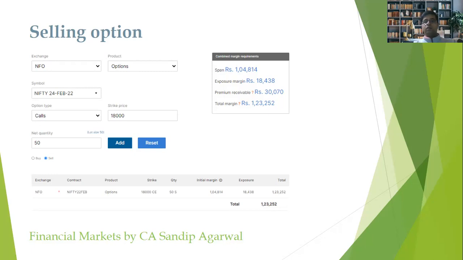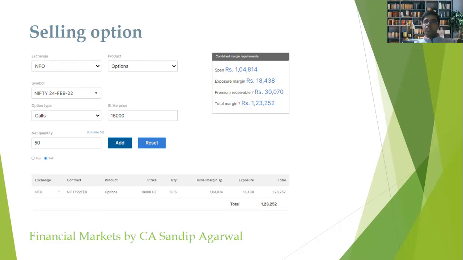So the margin is required in cash for the span margin, and the exposure margin can be kept either in the form of cash, or if somebody has equity shares in his demat account with that broker, that person can pledge those equity shares with the broker and get a certain adequate margin on those stocks.